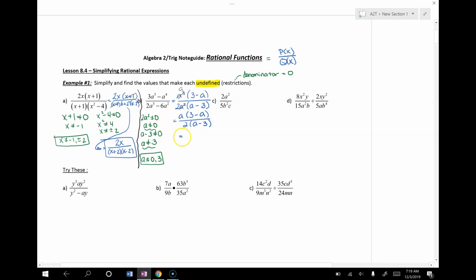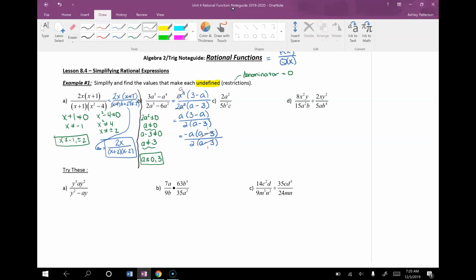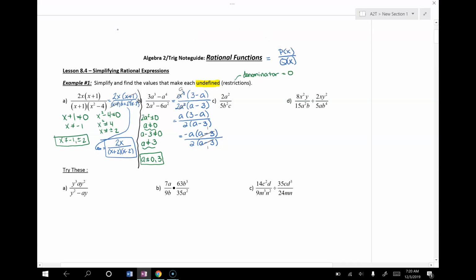So I'm going to factor out a negative from the numerator, and in doing so, that's going to change my signs. Why would I want to do that? So that I could simplify. If you come across something similar to that, then you need to factor out that negative so that the signs become the same and you can reduce. You could multiply the top and the bottom by a negative, yes, but that's excessive. You want to factor out the negative so that the signs change in the binomial in the numerator and they can be the same.